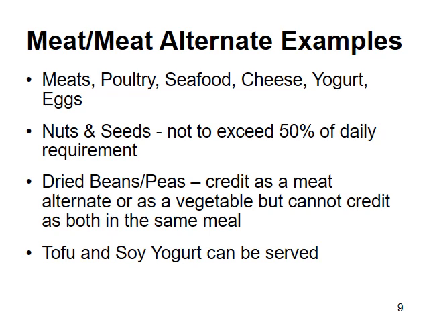And when serving dried beans and peas as the entree item or part of the item, the menu planner must decide if the dried beans or peas will contribute to the meat alternate component or as a vegetable component. They cannot be counted in both components. Both tofu and soy yogurt can be served and credit as a meat alternate.